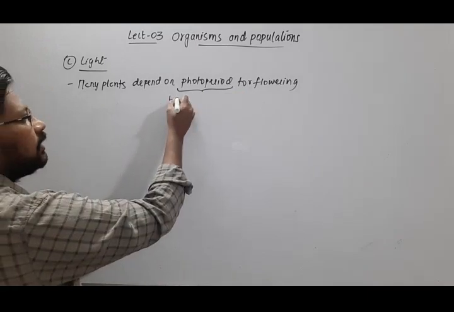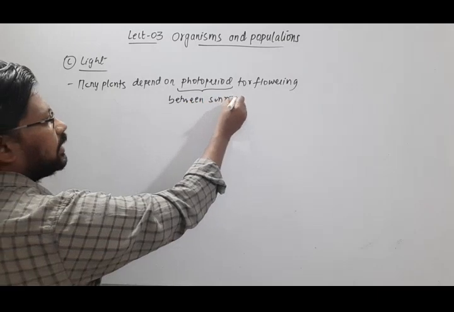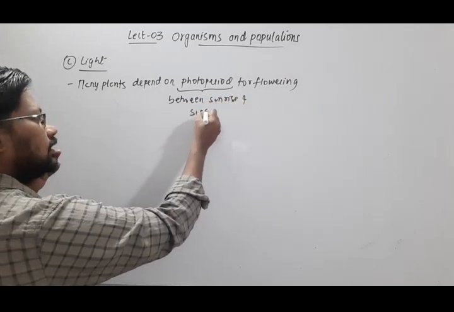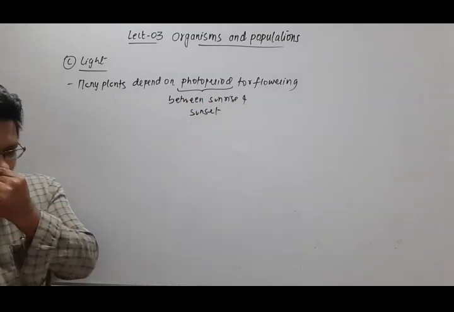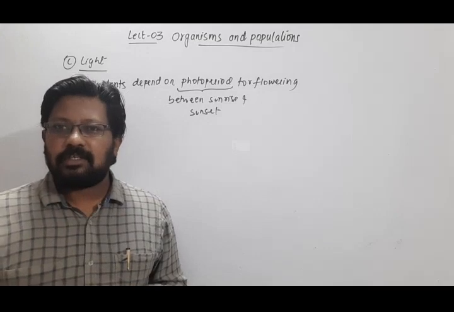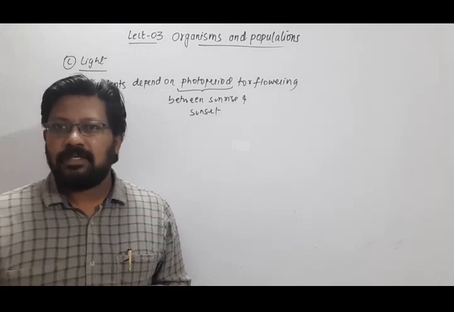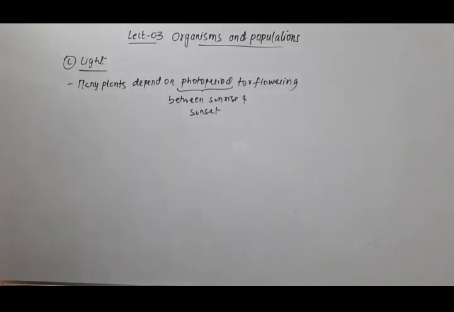That's what we call the photoperiod. Of course, the photoperiod will be longer in summers, and in winters the photoperiod will be much shorter. So plants detect this photoperiod, and based on that, some are adapted to long days, some are adapted to short days, and so on, right?